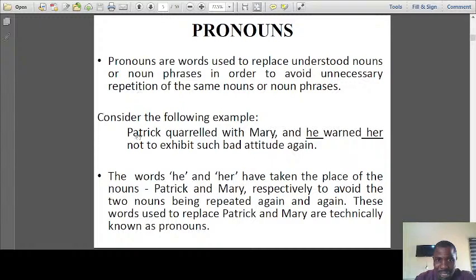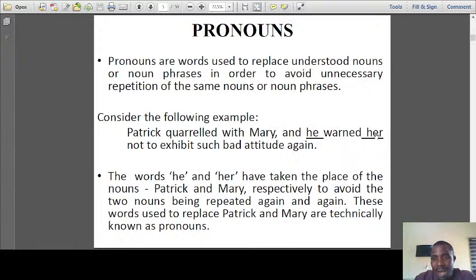Patrick quarreled with Mary, and he warned her not to exhibit such bad attitude again. Our major concern is on he and her. The he is standing for, the her is standing for. Now, he is a pronoun standing for Patrick, because Patrick is a masculine gender and he is a masculine pronoun used to replace a masculine gender.